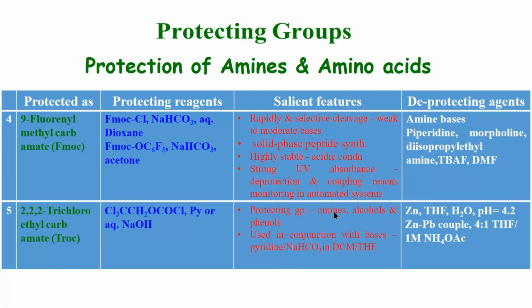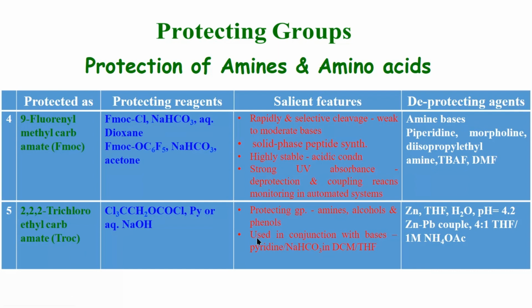Another method of protection of amines and amino acids is in the form of TROC, which can be achieved by using protecting reagents like trichloroethyloxycarbonyl chloride in the presence of a base. The beauty of TROC is that amines can be protected, and it can also be used for protection of alcohols and phenols.